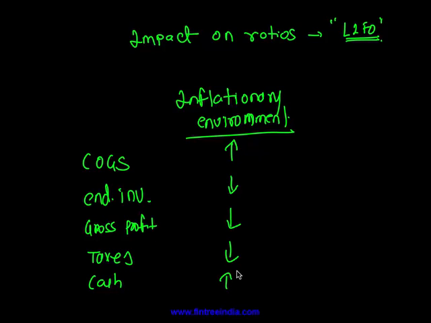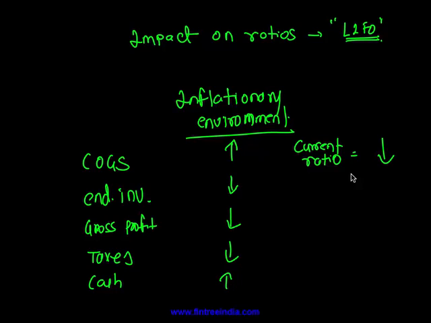Why? Because you're paying lesser amount of taxes. So if you pay lesser amount of taxes, your amount of cash is going to be higher. Then impact on current ratio. Current ratio would be lower. Why? Because inventory is lower, cash is higher.